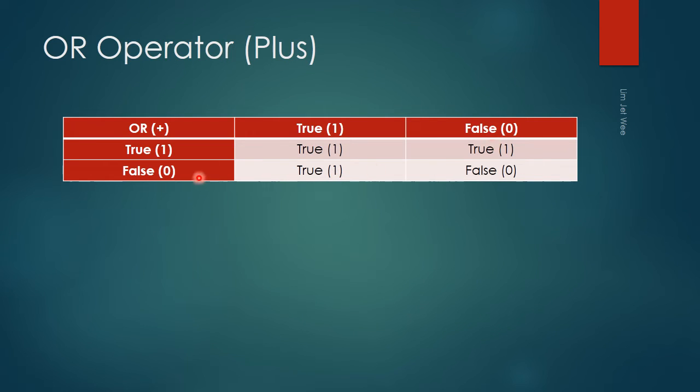If you have 0 plus 0, you will get 0. So you have a 0 here, then 1 in here. And the only weird case is, of course, if you have 1 and 1, you don't put a 2 over here, but you will refer to it as true.